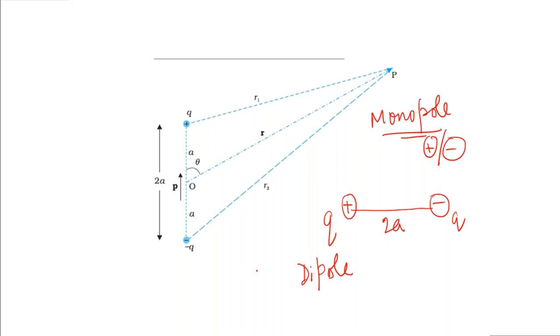And that electric dipole will be a vector quantity, like it will have a dipole moment. The physically measurable quantity for this electric dipole is the dipole moment, denoted by p, and this is a vector.